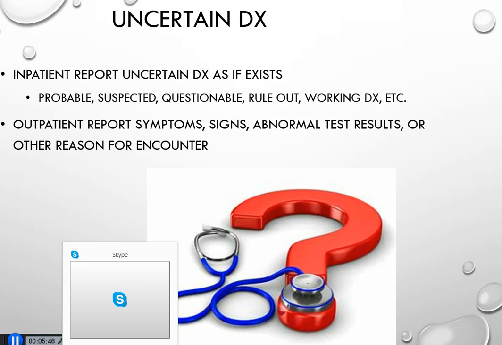An example of uncertain diagnosis would be a chest x-ray ordered to rule out pneumonia. The patient has cough and fever, and then when the physician looks at that x-ray, he sees that it is normal. So we're going to code the cough and fever.